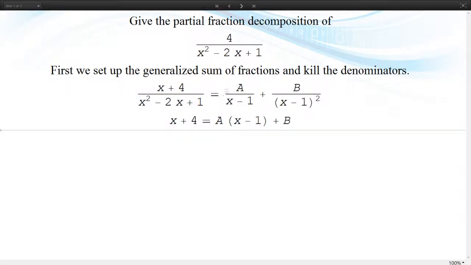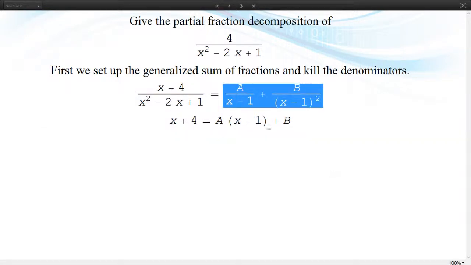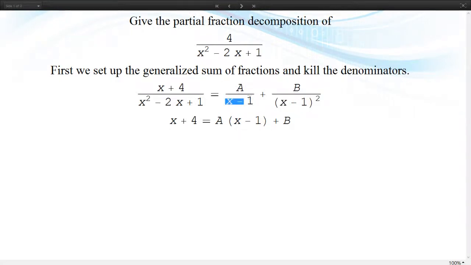Now, when we set up our generalized sum of fractions, we're going to have to represent both x minus 1 and x minus 1 squared as denominators in our sum. So I have here a over x minus 1 and b over x minus 1 squared.